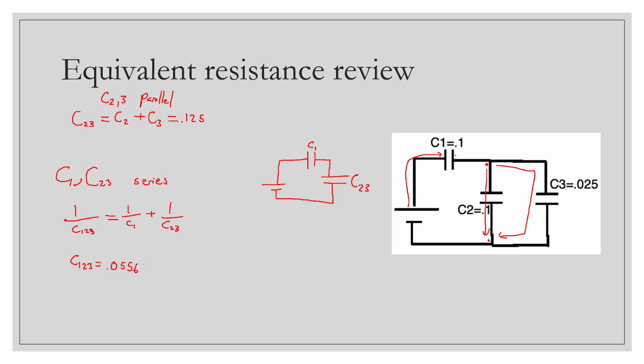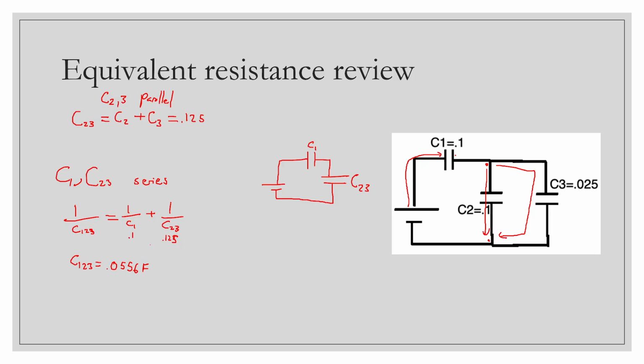If you're ever worried about whether you've done the math right, in series, C1 was 0.1 and C2,3 was 0.125. Your equivalent capacitance is always going to have to be less than either of them in series. So, it works out.